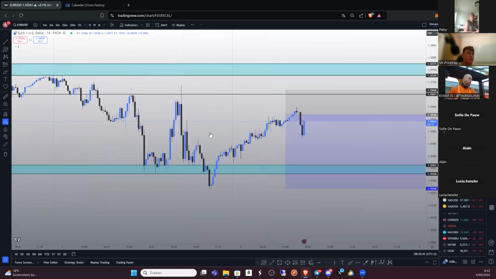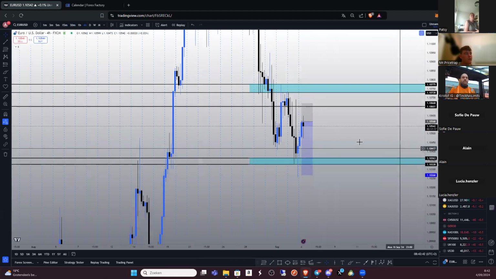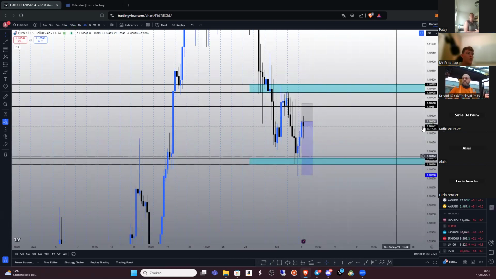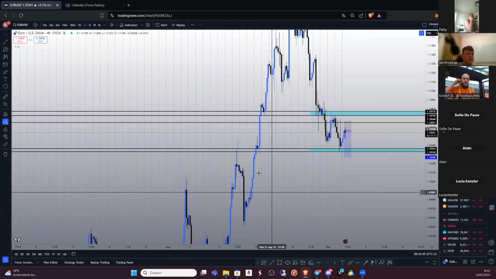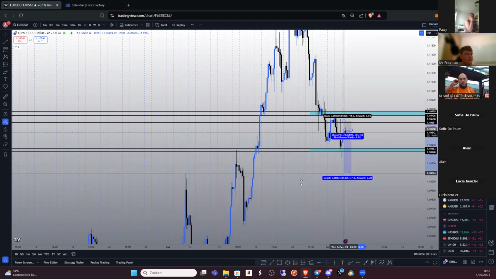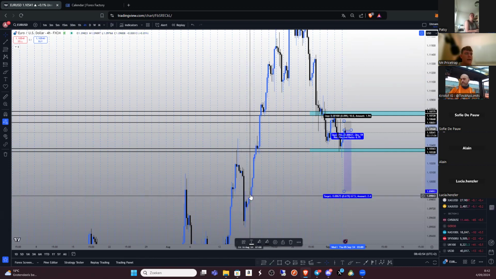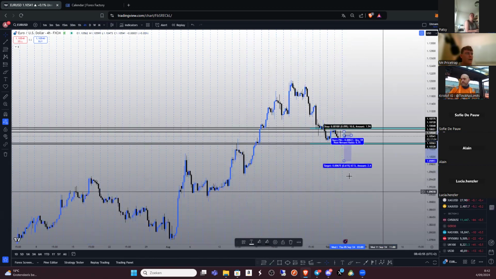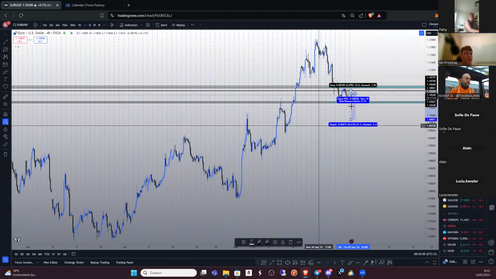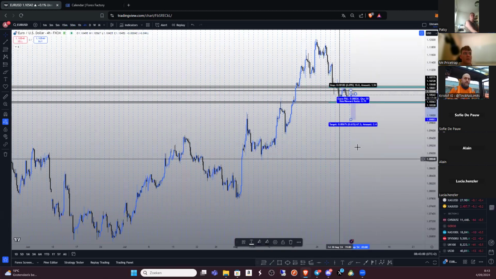But that's what I'm looking for Euro USD at this specific moment, to maybe get this market lower into around this level over here, getting back into these demand levels to then maybe follow up that uptrending movement we have seen for the last couple of weeks.